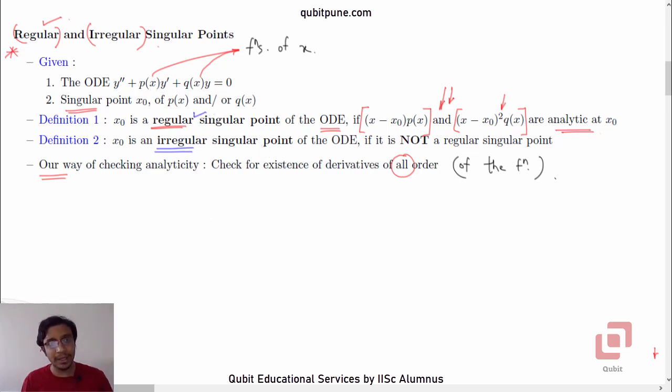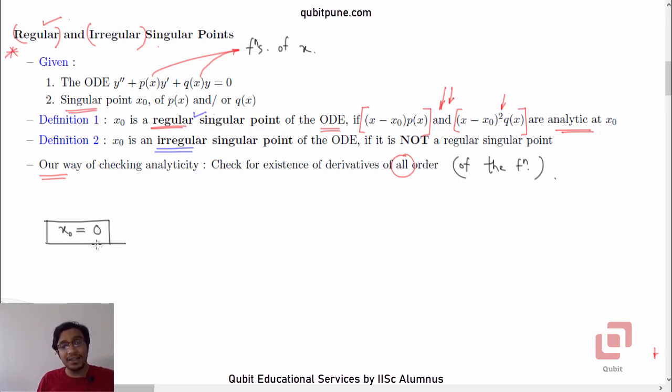Another thing, throughout our discussion we will be considering functions which possess singular points at 0. If x naught is taken at 0, then the power series looks a bit easier. We don't have x minus x naught to the power n, but we always have x to the power n.